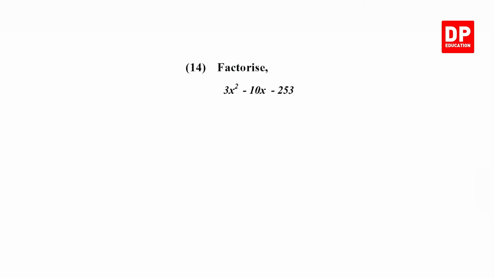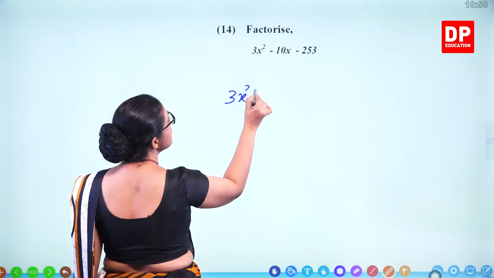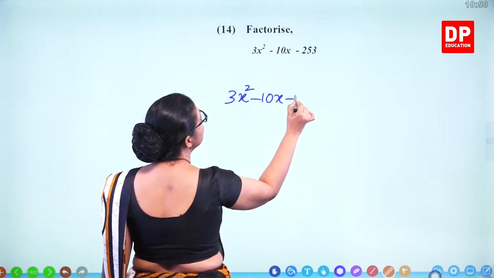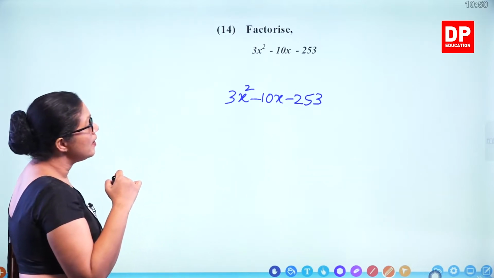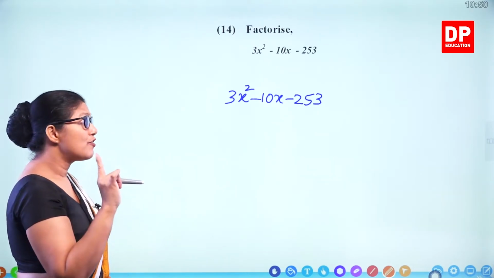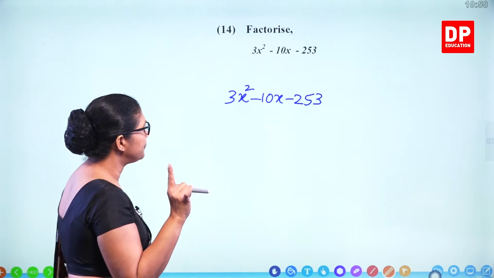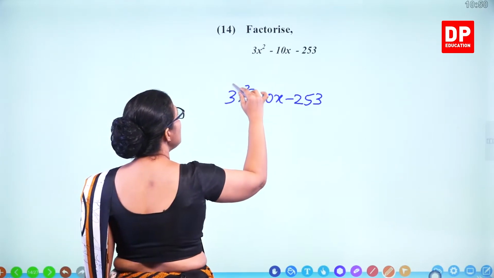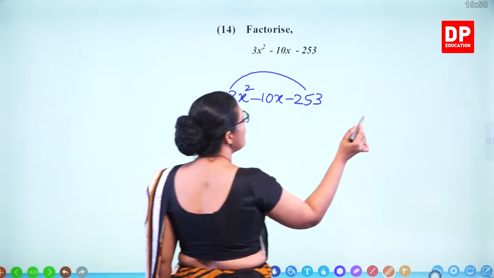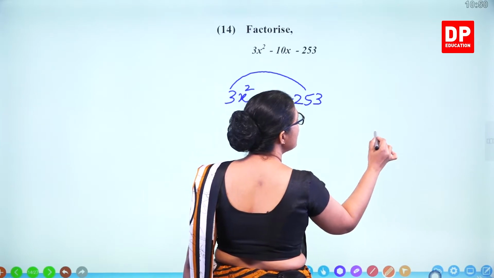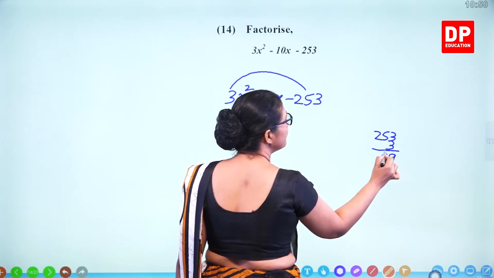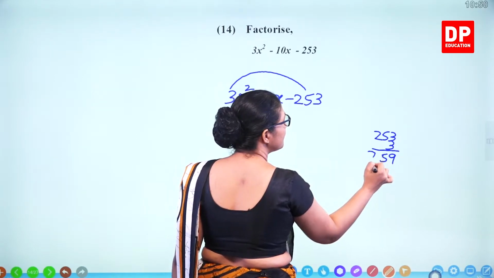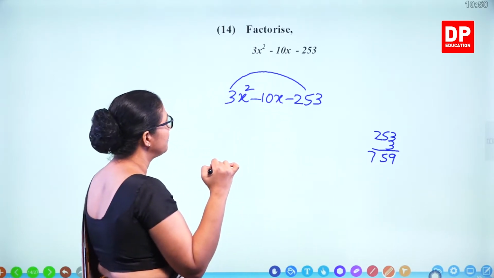Question number 14. Factorize. So how do you factorize this? We'll use the long method first and we'll try the short method as well. So we need to multiply these two, 3 times 253, which is 759.